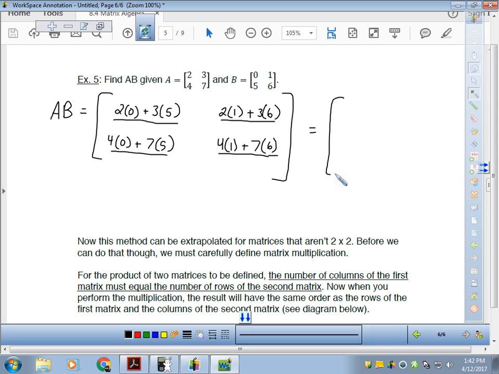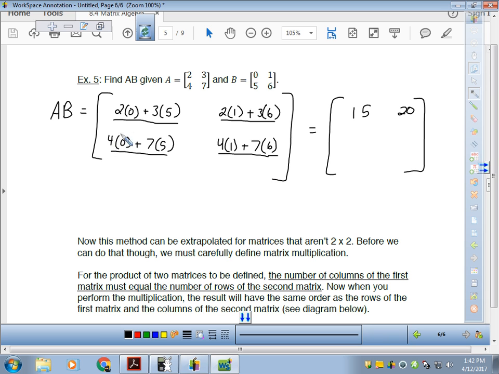And then we clean those numbers up. 2 times 0 is 0. 3 times 5 is 15. 0 plus 15 is 15. 2 times 1 is 2. 3 times 6 is 18. So you have 18 plus 2. That gives us 20.